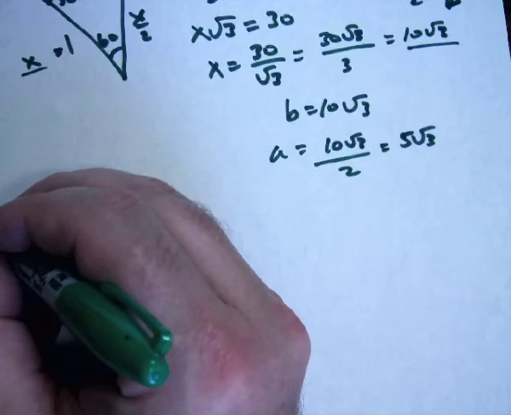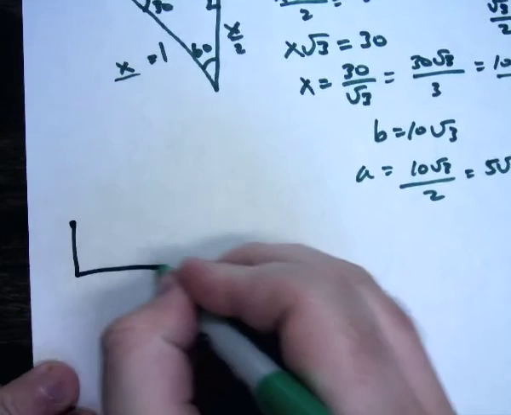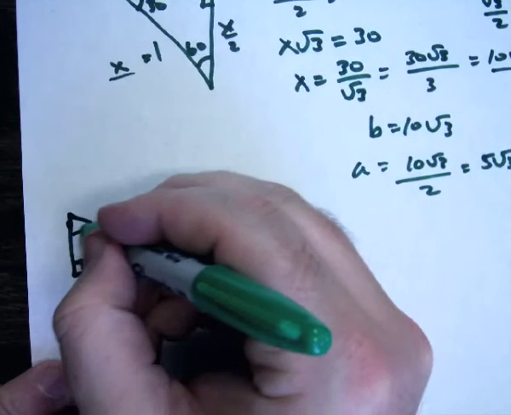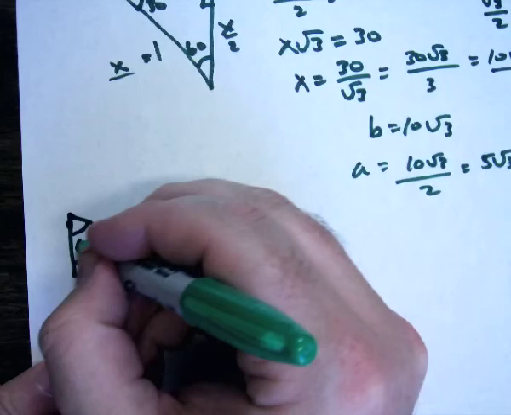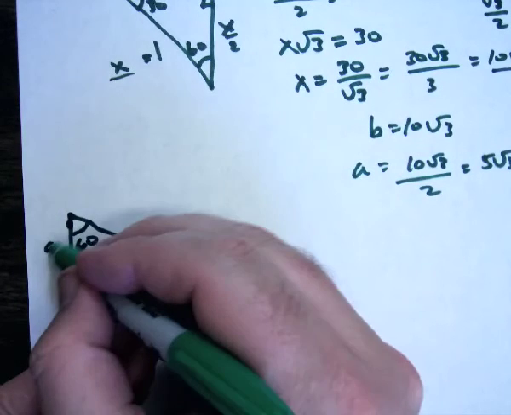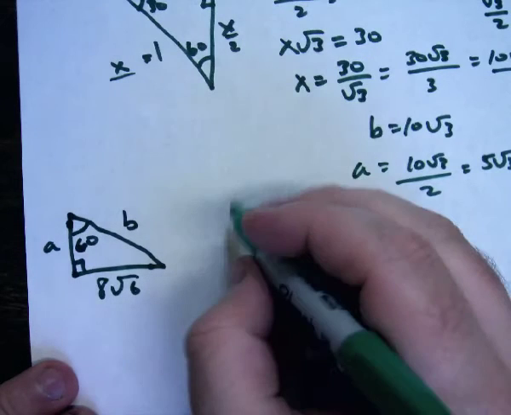now is I'm going to draw this triangle. So this is 60, and this is 8 root 6, and this is a, b. So I'm going to set up tangent to find a.